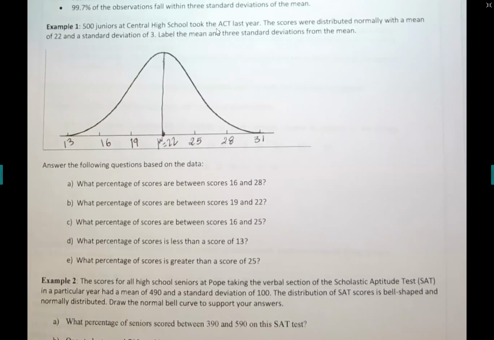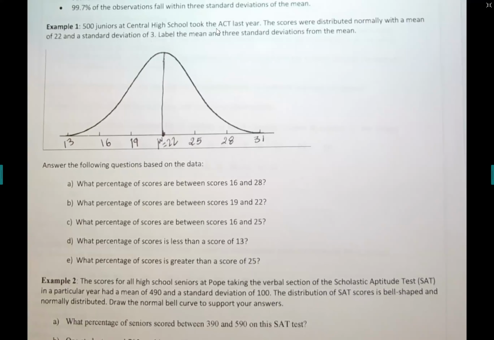I can tell you what the lowest and the highest scores are going to be. Take the 8 and multiply it by 3, that will be 24. Add 70 to 24, that will give you 94. Now take the 8 and multiply by 3, that's 24, and subtract the 24 from 70, that will give you 56. So most of the scores, guys, are gonna be between 56 and 94.